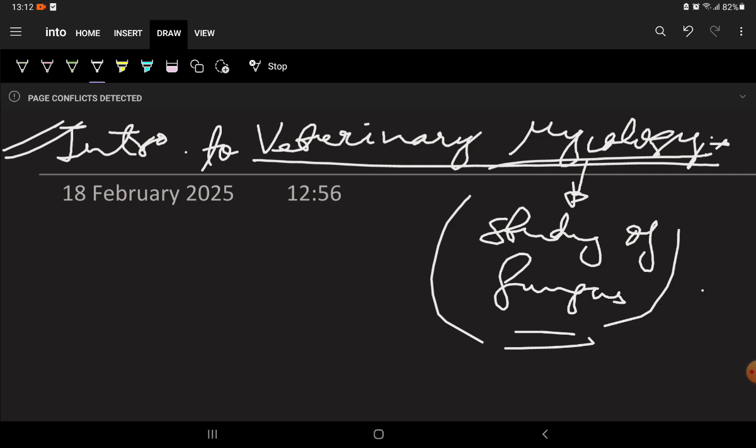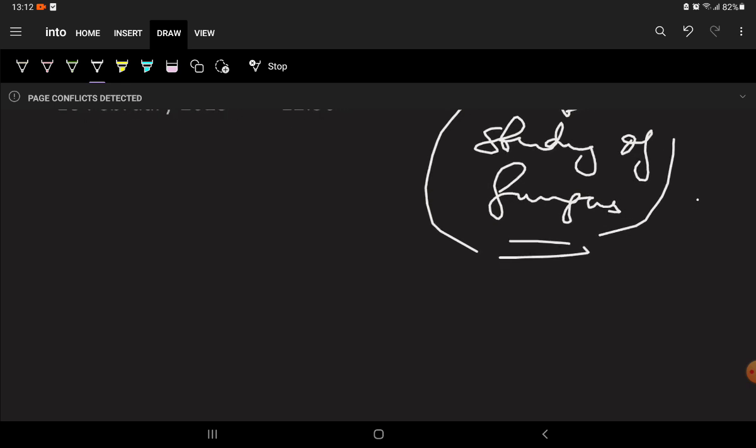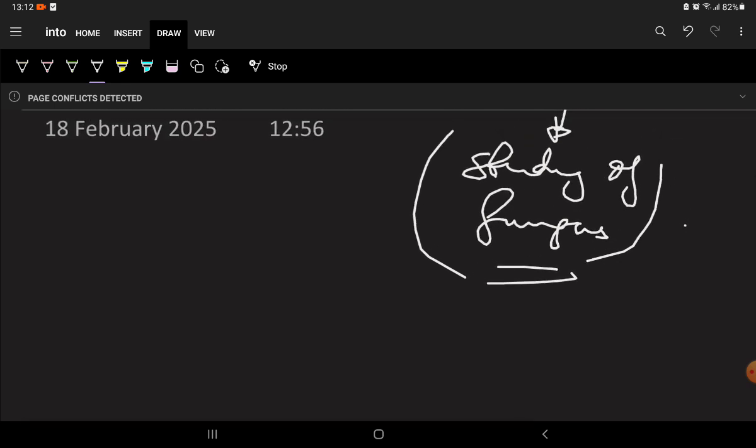So let us start with this chapter. It deals with the basic introduction to the fungus, and first we will define the fungus.